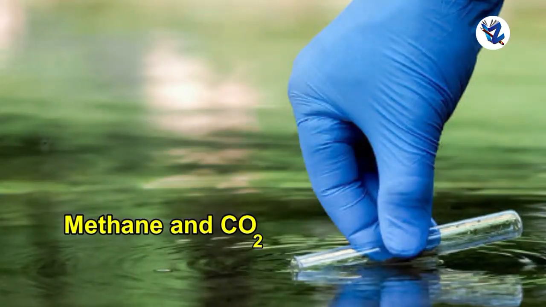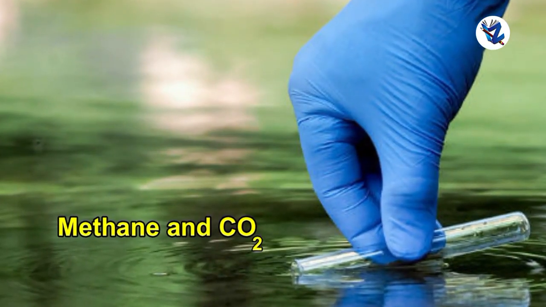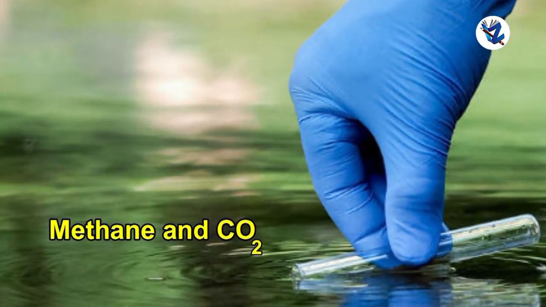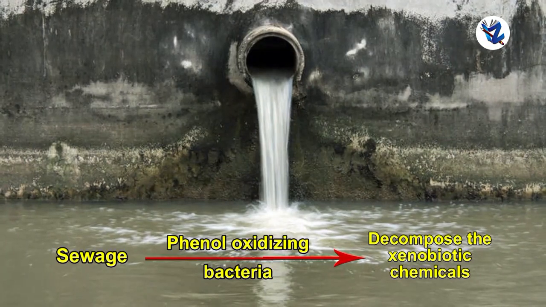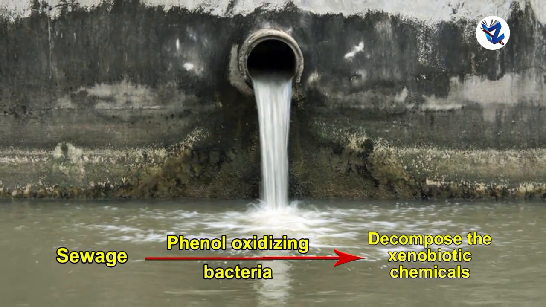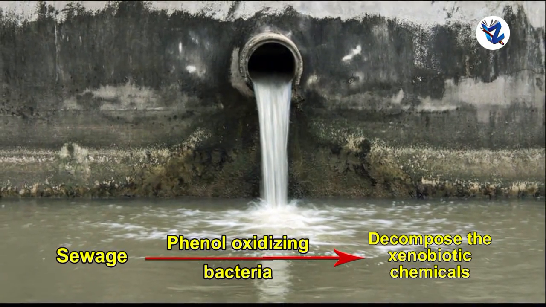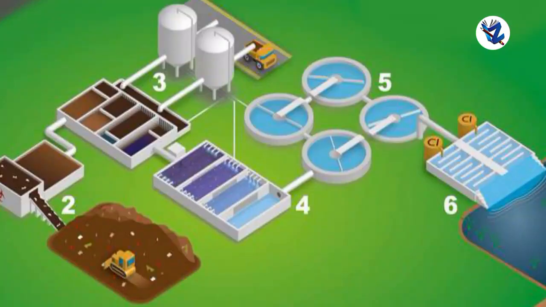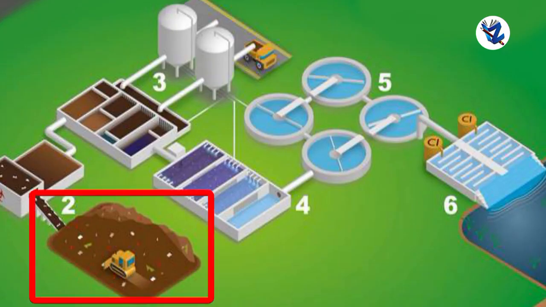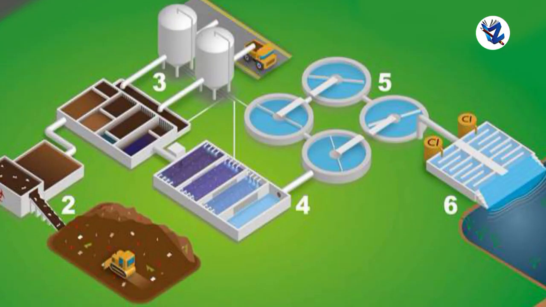They release methane and carbon dioxide by decomposition of the carbon compounds present in sewage. Phenol oxidizing bacteria decompose the xenobiotics, that is, substances produced by human beings, present in sewage. The sludge that settles down can again be used as fertilizer. Water released after microbial treatment is environmentally safe.